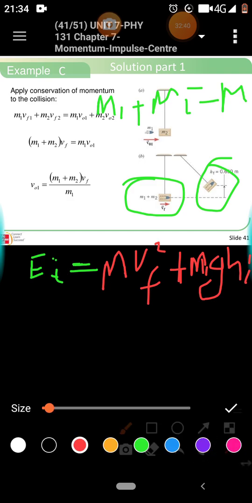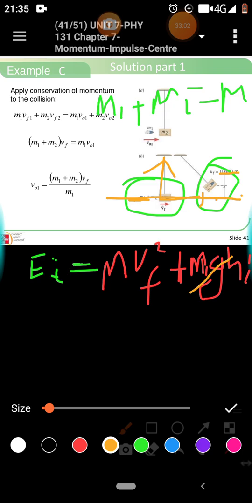As you can see, this is 0 because this is the reference point, and the final height is here. So the bullet is at 0 height here.